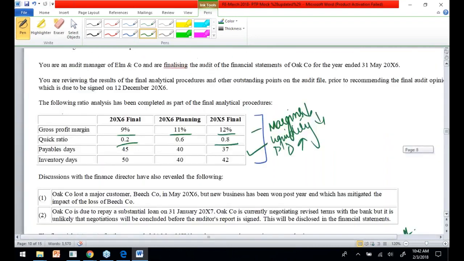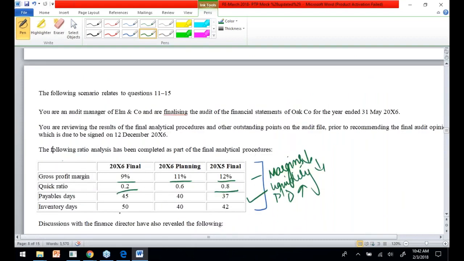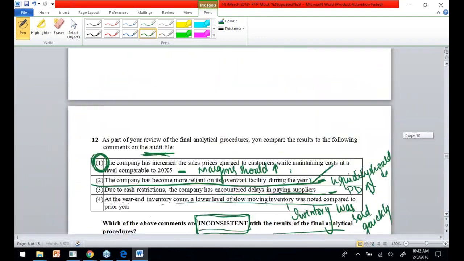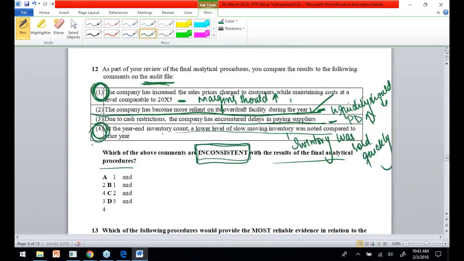Let's look at the indicators. And inventory days are increasing, which means this statement is also inconsistent with the results. 1 and 4. The correct option was B. Both of these statements are inconsistent with the ratios that the auditors have calculated.